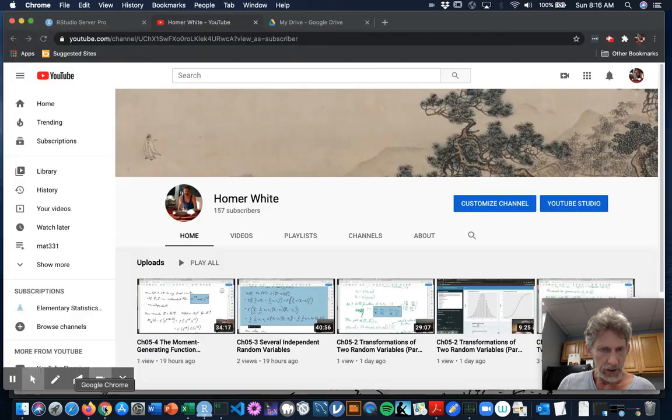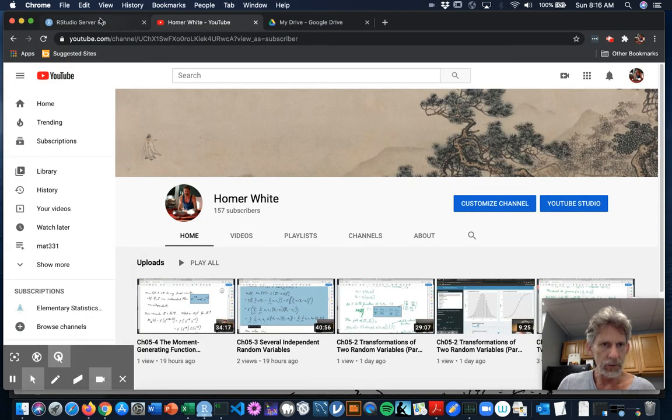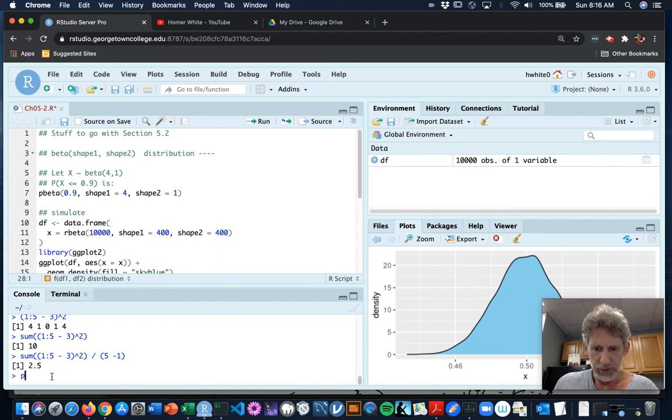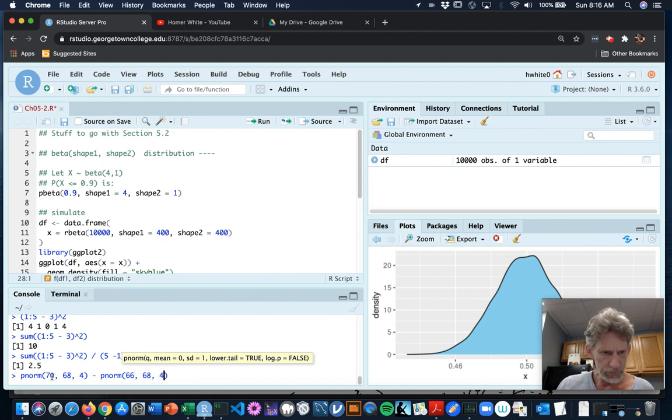So I happen to have R up somewhere. Here it is. And so I need to do pnorm of 70, where the mean is 68 and the standard deviation is 4, minus pnorm of 66, where the mean is 68 and standard deviation is 4.